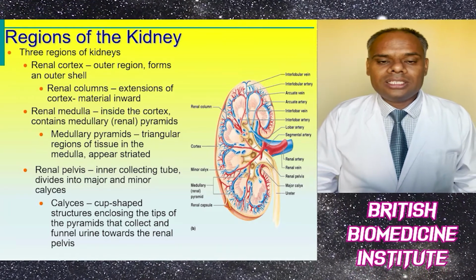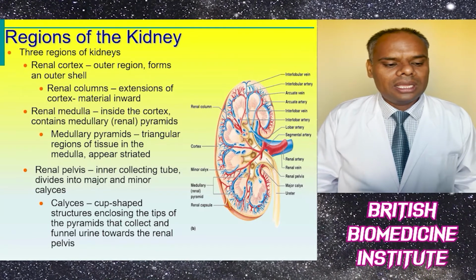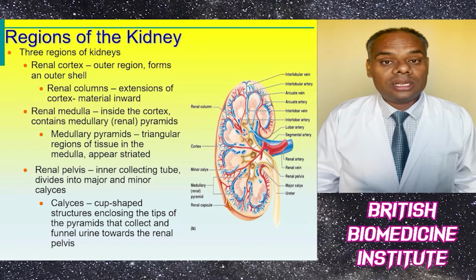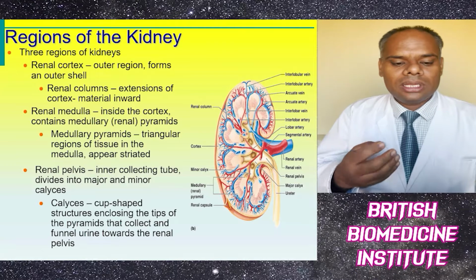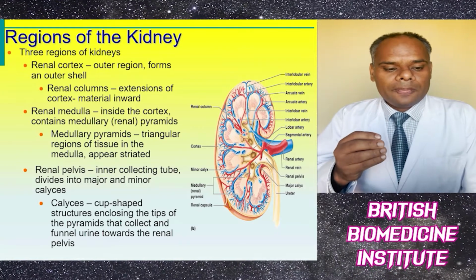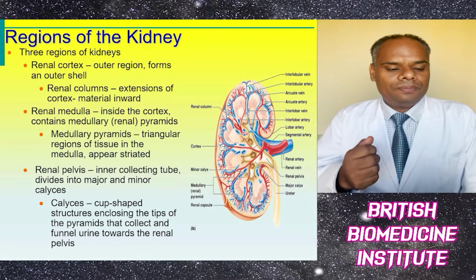Renal medulla is inside the cortex, and it contains medullary or renal pyramids. Renal medullary pyramids are triangular regions of tissue in the medulla and they appear striated.